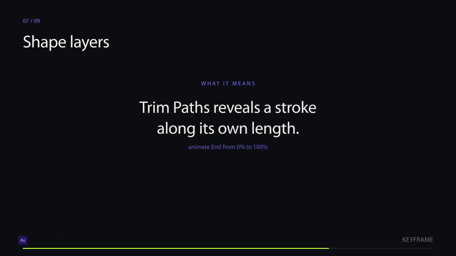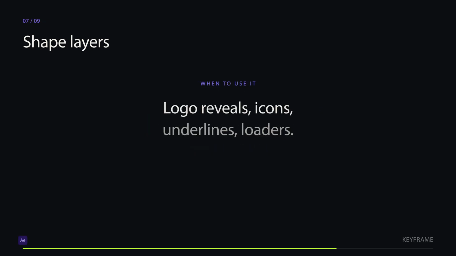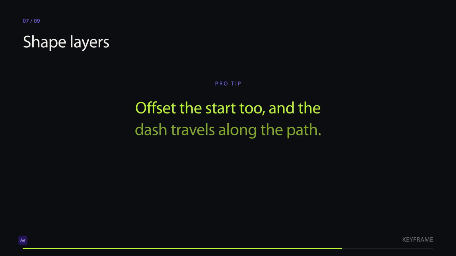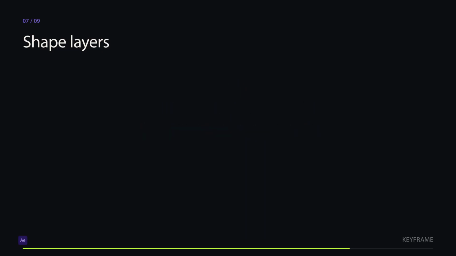What it means: trim paths reveals a stroke along its length, so any line, icon, or signature can animate as if it is being drawn live. When to use it: logo reveals, animated icons, underlines, infographics, loaders. A tip: offset the start as well as the end, and you get a moving dash that travels along the path. Small technique, enormous mileage.